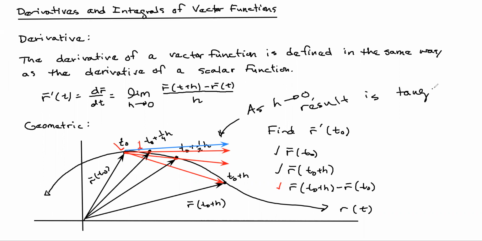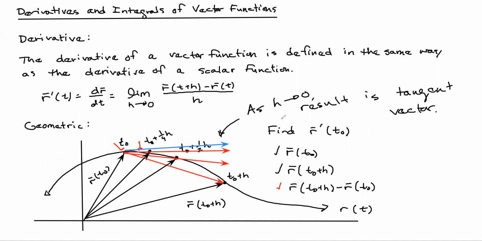Let's just write that down. As h goes to 0, the result is the tangent vector. Okay, and so that's the geometric consequence of using our regular definition from Calc 1 for defining the vector derivative of a vector function: it produces a tangent vector.